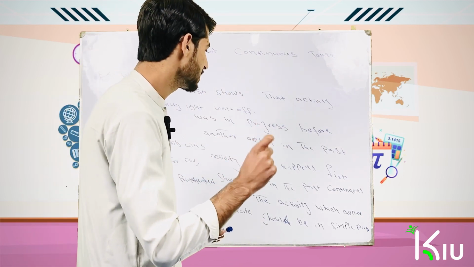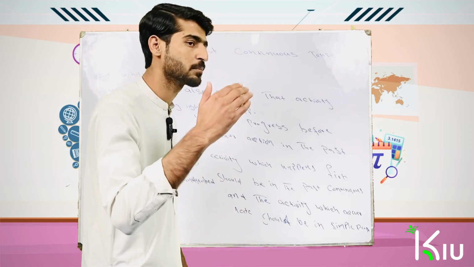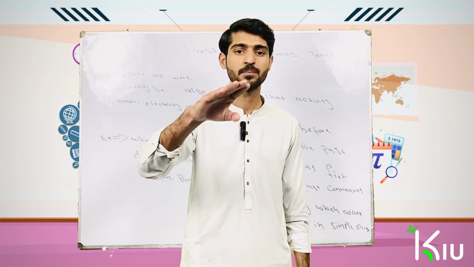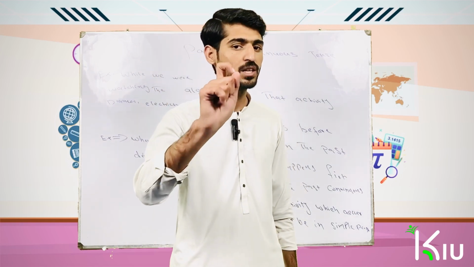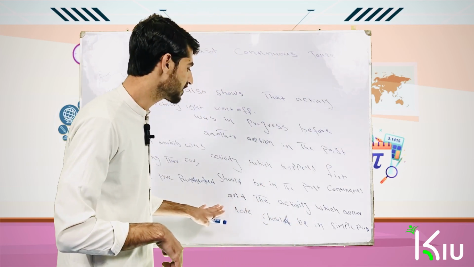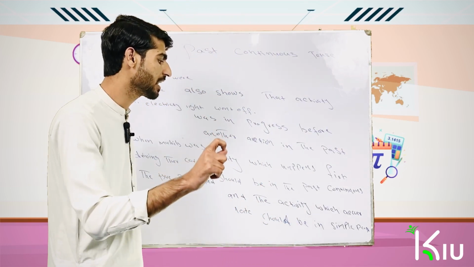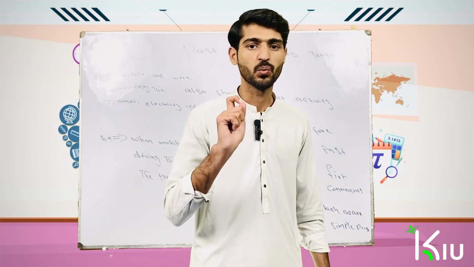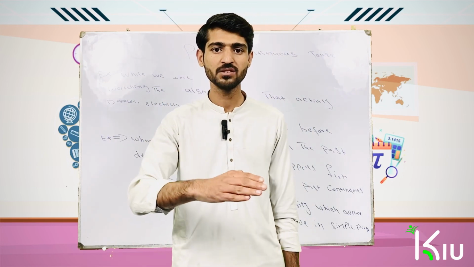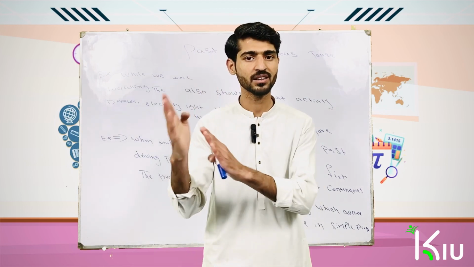The first activity which was happening will be in past continuous tense. The first activity which was in progress in the past, we will use that activity in past continuous tense, and the second activity should be in simple past tense, when we are talking about two actions in the past, one action which happened before another action.